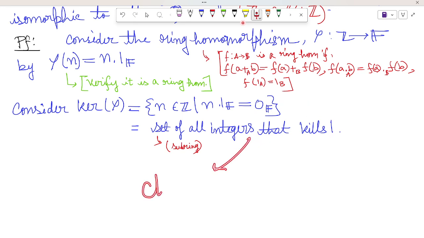There is obviously a matter of characteristic here, because where 1 is killed, there is always a matter of characteristic. So there are two cases: either the characteristic is 0 or the characteristic is finite.